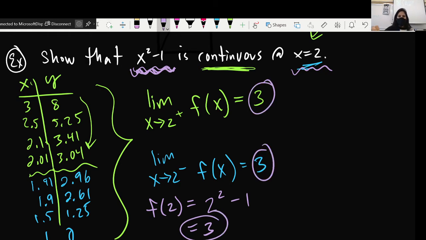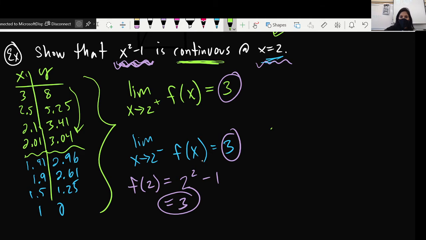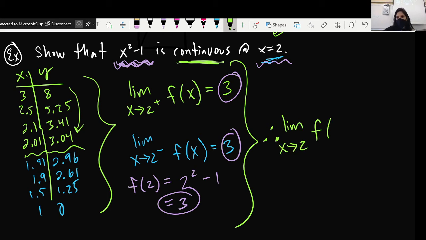So this and this are matching up, and this you knew by looking at it because I've chosen a simple parabola that you're familiar with, but this is how you do your proof and how you show the pattern of behavior and that this is what's going on. So after all of this work, therefore, the limit as x approaches 2 of f of x is equal to f of 2.